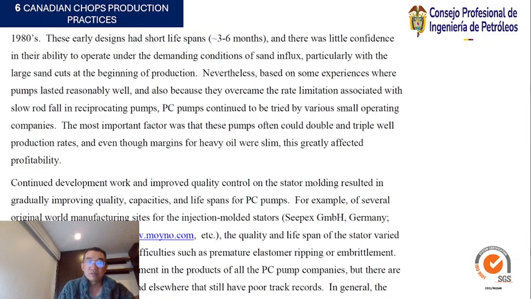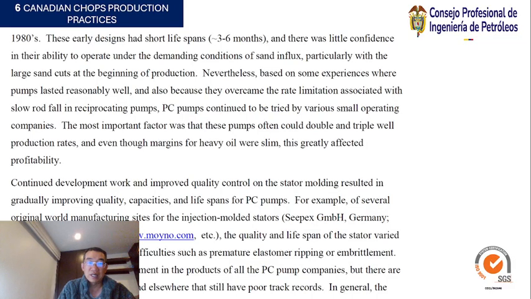For example, of several original world manufacturing sets of the injection molded stators, the quality and lifespan of the stator varied considerably, and this caused difficulties such as premature elastomer wrapping or embrittlement.